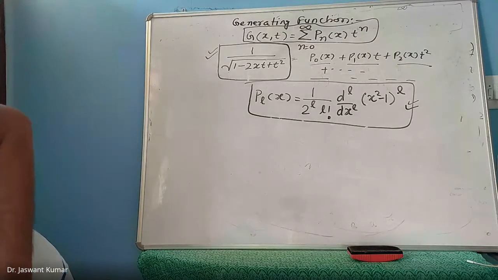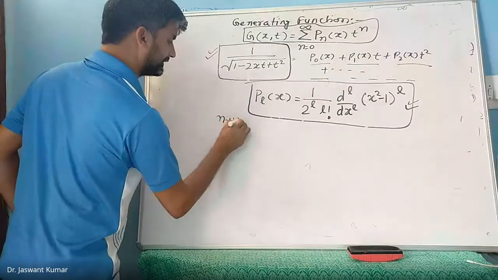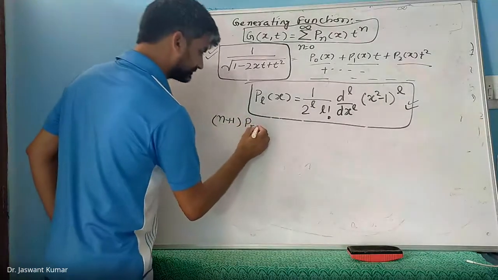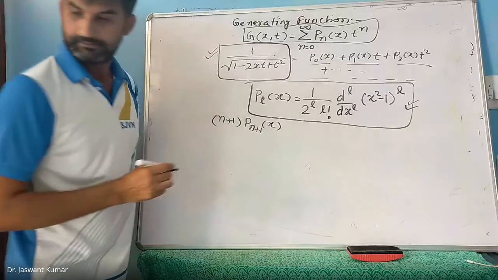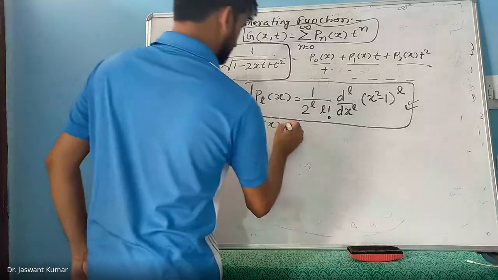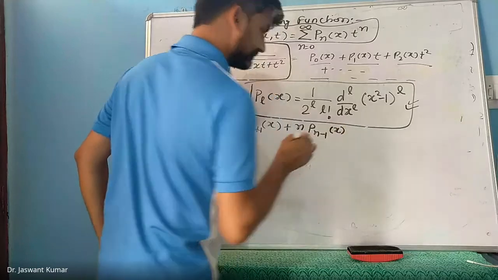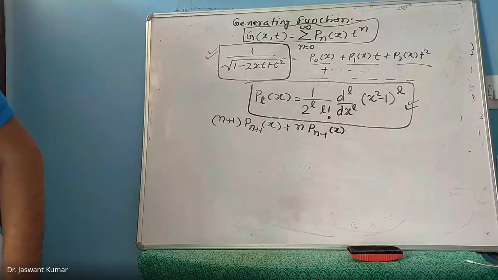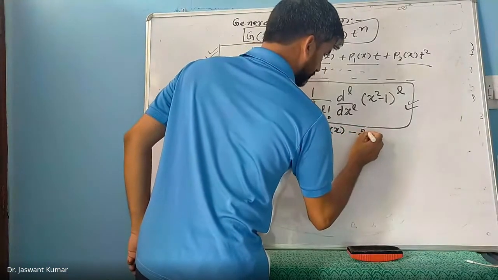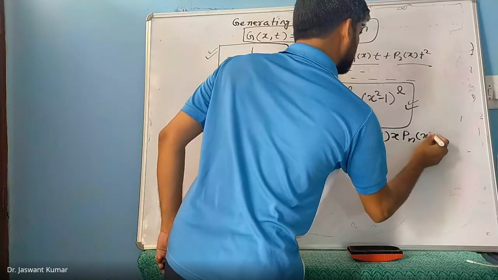The recursion relation that we had was (n plus 1) P n plus 1 of x plus n P n minus 1 of x minus (2n plus 1) x P n of x is equal to 0.